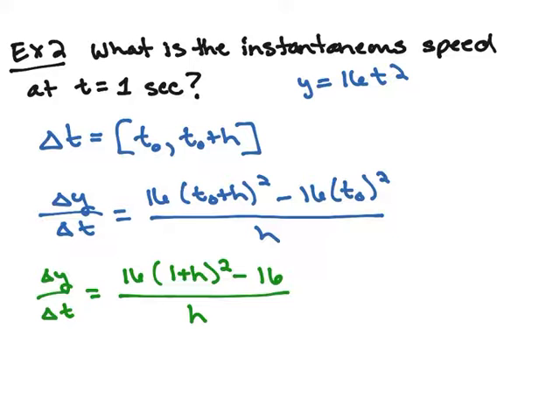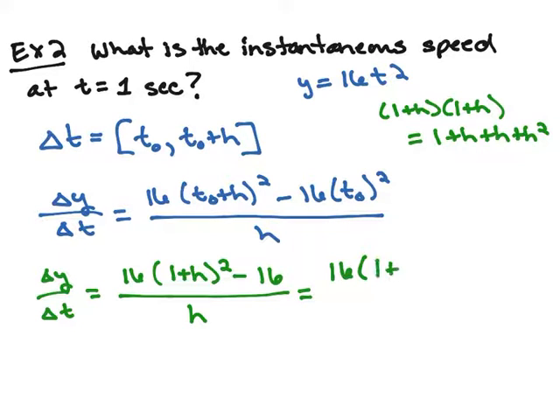So I'm going to multiply 1 plus h times 1 plus h. I'm going to FOIL that out because that's what 1 plus h quantity squared is. Okay, so my first gives me 1, outer gives me h, inner gives me another h, last gives me h squared. So this thing becomes 16 times 1 plus 2h plus h squared minus 16, all over h.